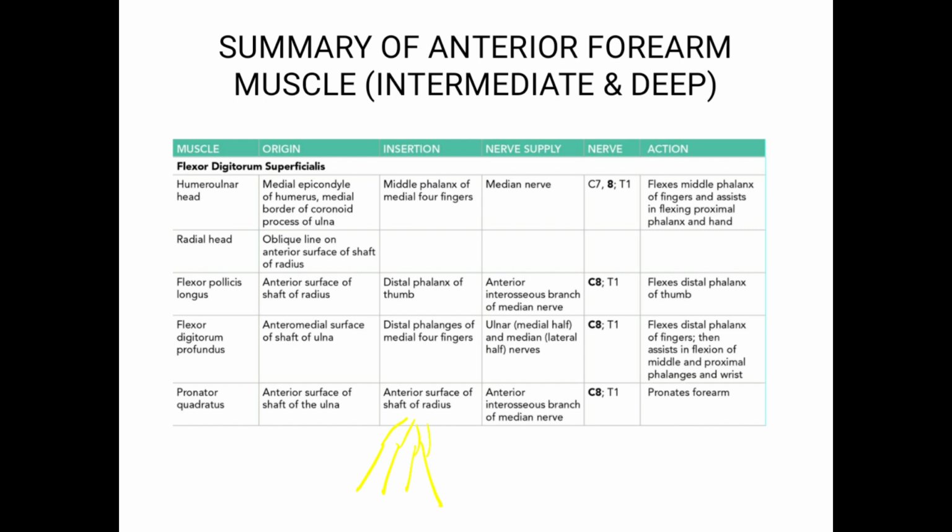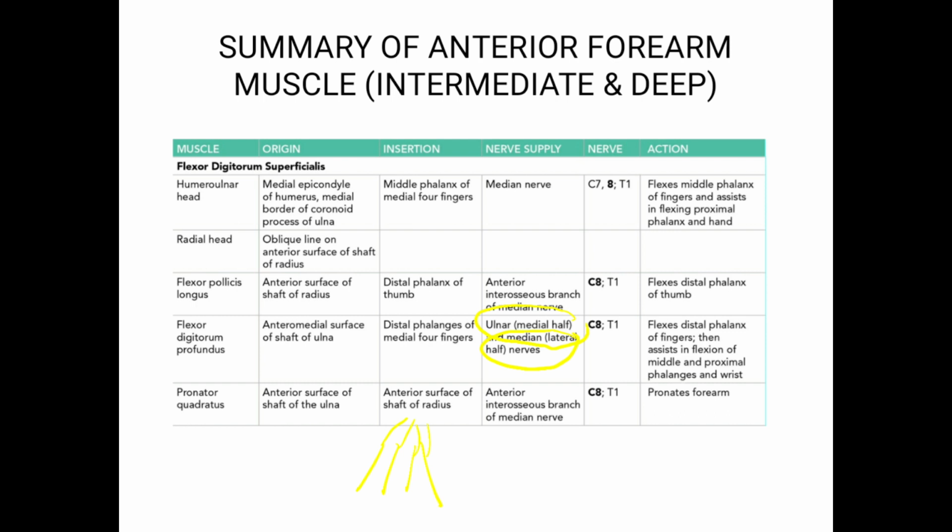So, one half of the muscles of the flexor digitorum profundus is supplied by the median, and the other half of the muscles of the flexor digitorum profundus is supplied by the ulnar.